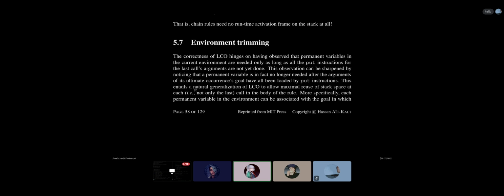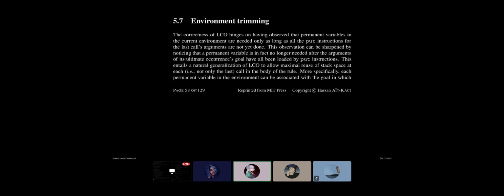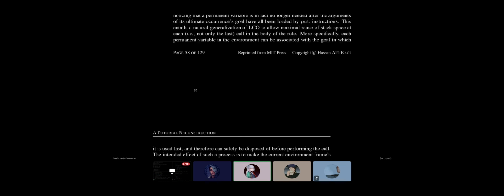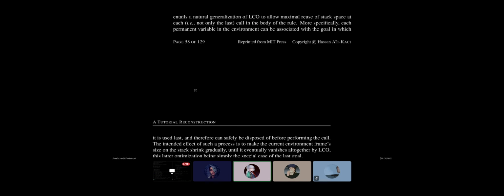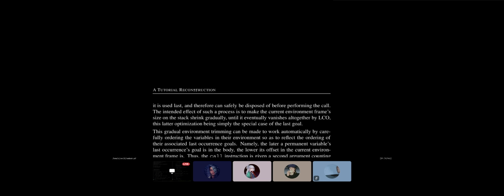Environment trimming. Each permanent variable in the environment can be associated with the goal in which it is used last, and therefore can be safely disposed of before performing the call.